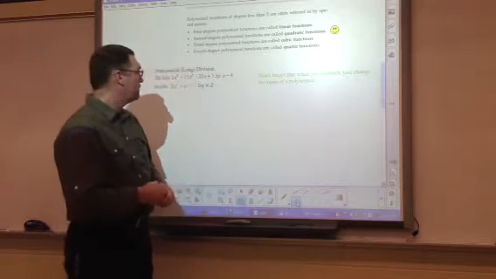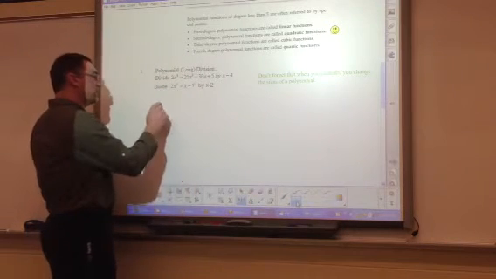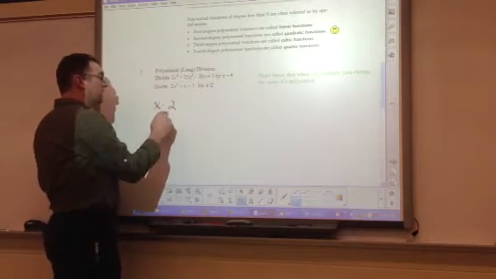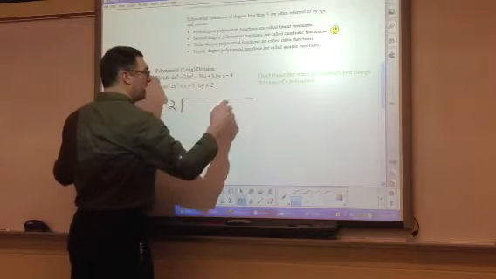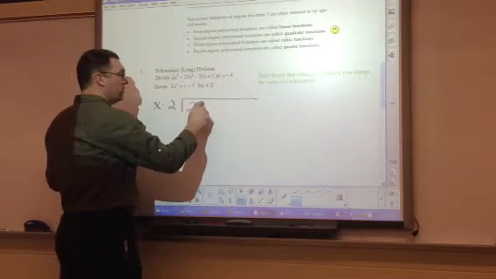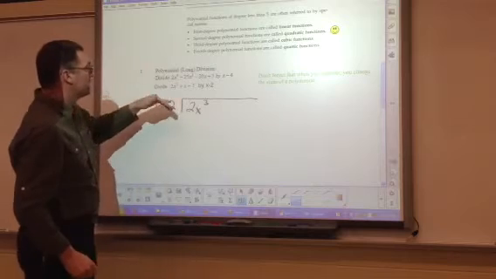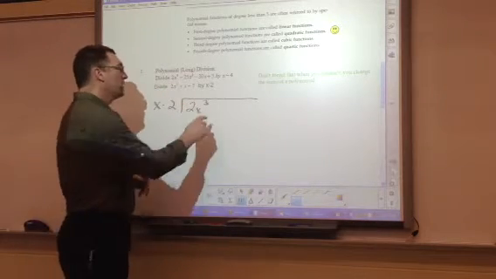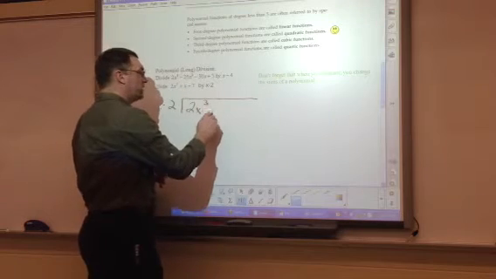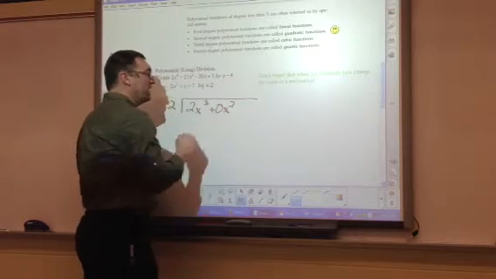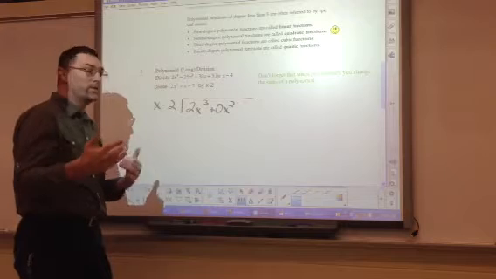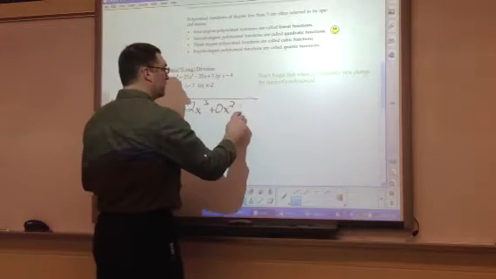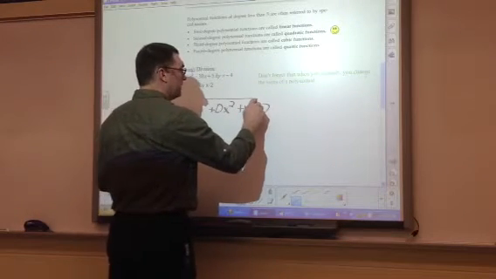When we set it up, we set our divisor here, and then our dividend, 2x cubed plus x minus 7. If you're missing a term, like here we're missing x squared, we need to put in 0x squared for that. You have to have that place value there. So plus x and minus 7.